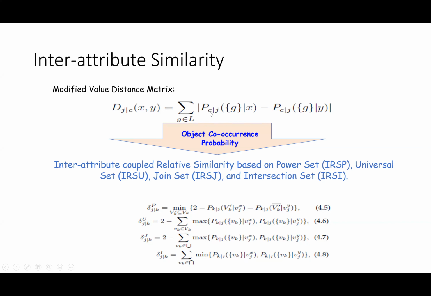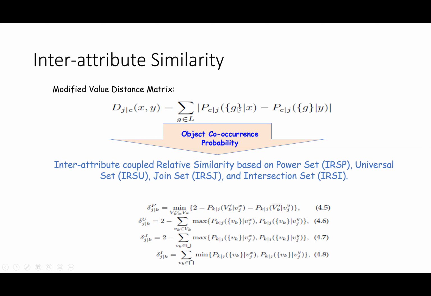So C refers to other attributes, and for J we want to look at the x and y relation by considering the interactions between x and the value set of other attributes C, right? So mathematically, you can think there are two sets, one centered on x, another centered on y, and each set measures the relationship between x and their other C attribute values, right?